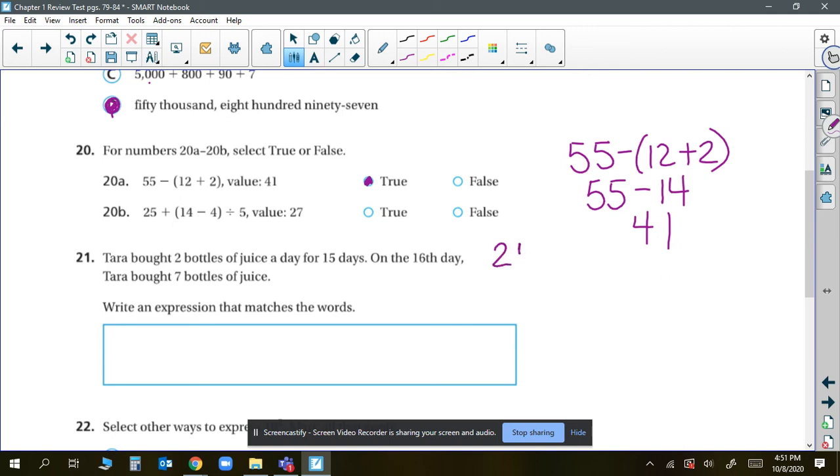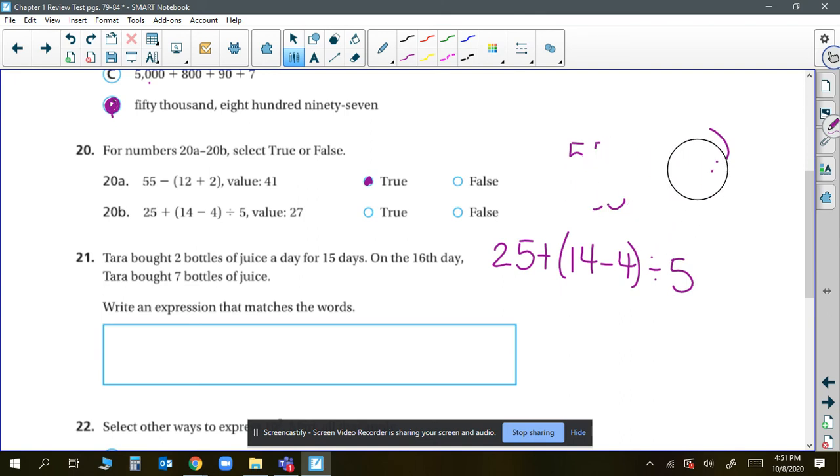All right, then our next one is 25 plus the difference between 14 and 4 divided by 5. Let me just erase this so we don't get confused. All right, so we have to start with our parentheses. So let's just bring our 25 down. 14 minus 4 is 10 divided by 5.